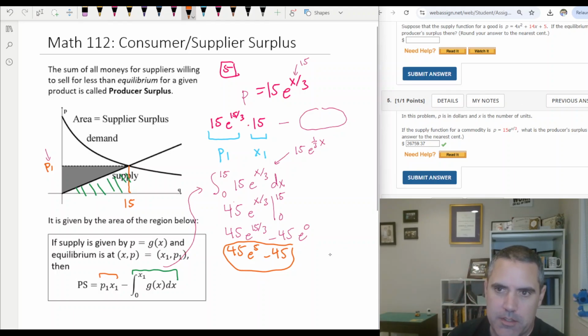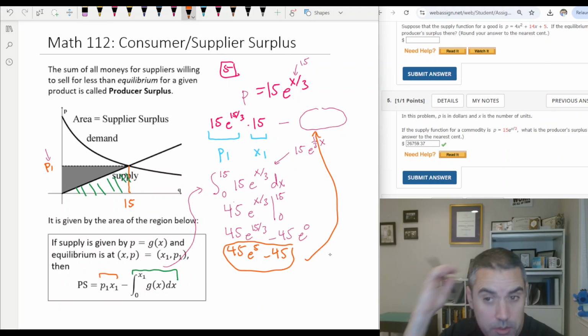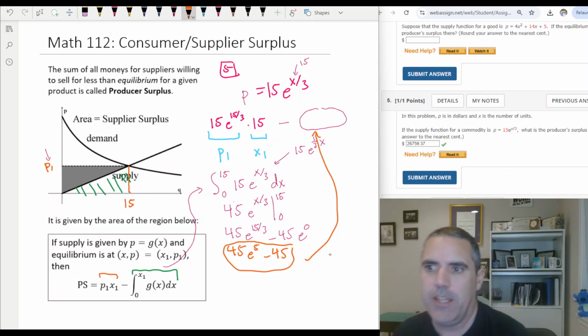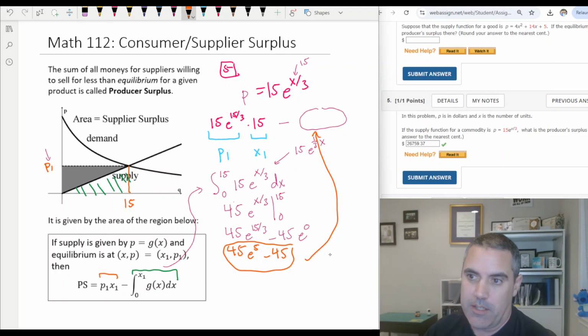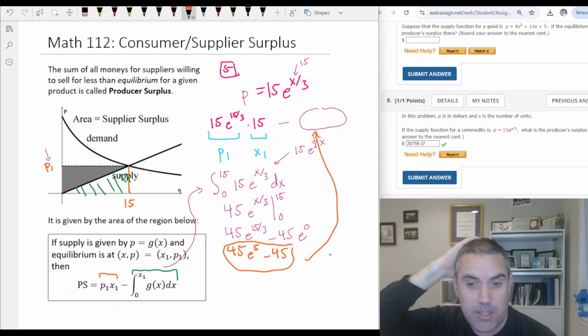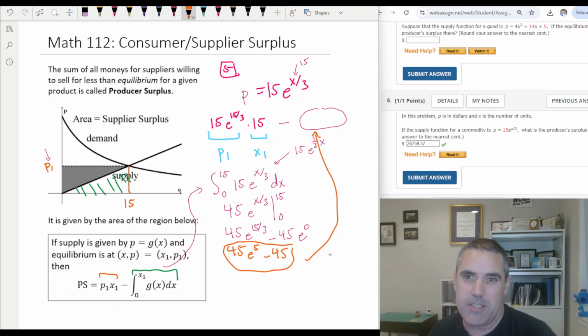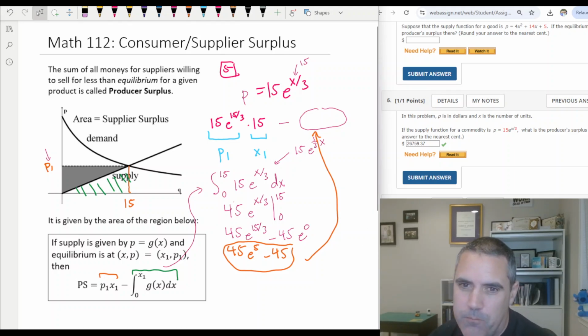So your final answer will be, you'll put this in here, you'll subtract, you'll see what you get. And it says round it to the nearest cent, which I did. I got 26,759.37. These are going to be big numbers because it's the total amount of money in the marketplace that suppliers sort of left on the table.